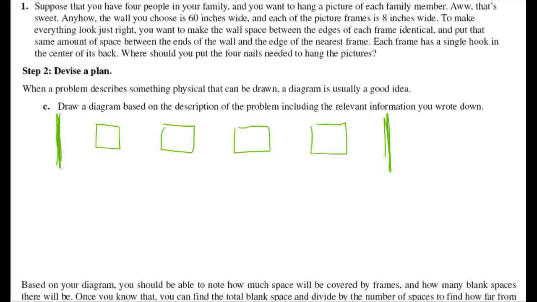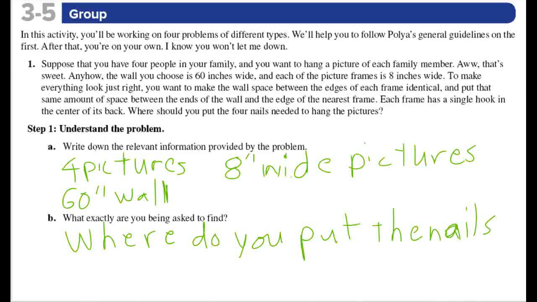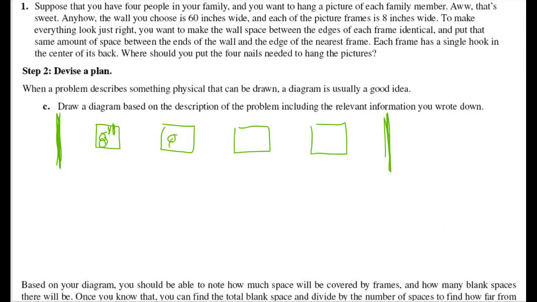Also going to put my walls on the other end. I'm going to make a note that each of these is 8 inches. Double check, 8 inches wide. And my total length is 60 inches.